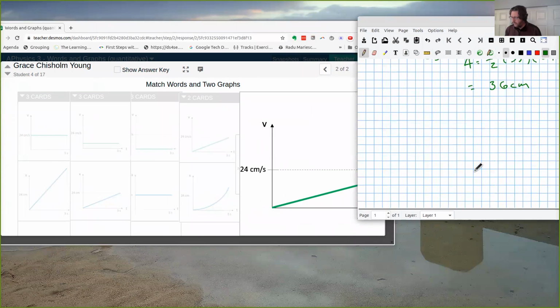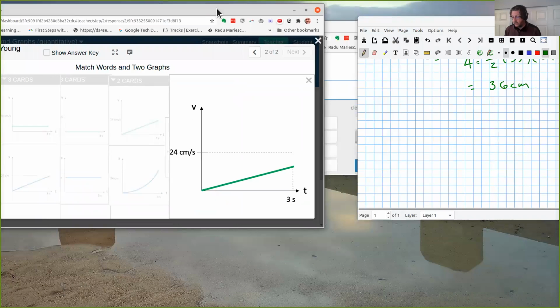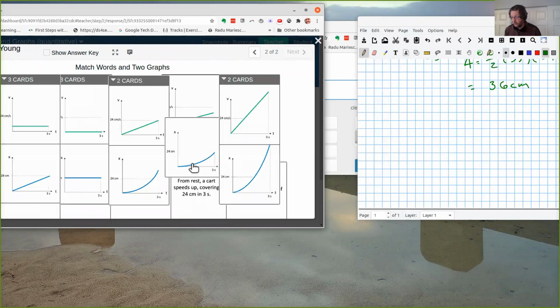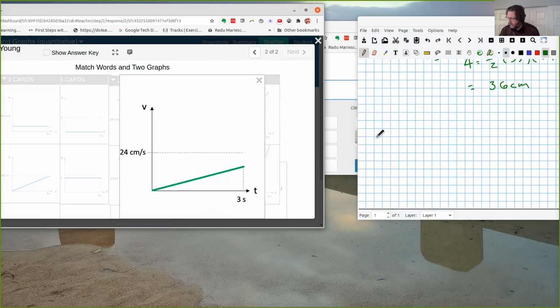Since we know that it travels 24 centimeters, because the only graph that matches it is one that shows that it travels 24 centimeters, we know that the area has to be 24 centimeters. That triangle, sorry, that was sloppy, has a base of 3 seconds and a height, I think it's 16.